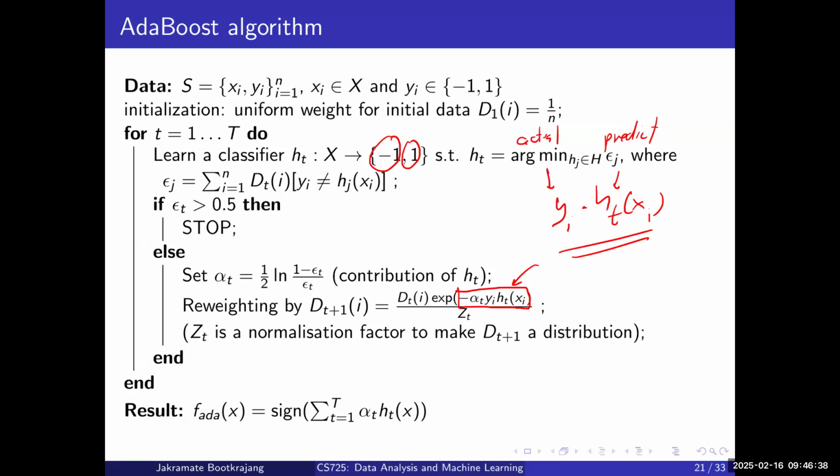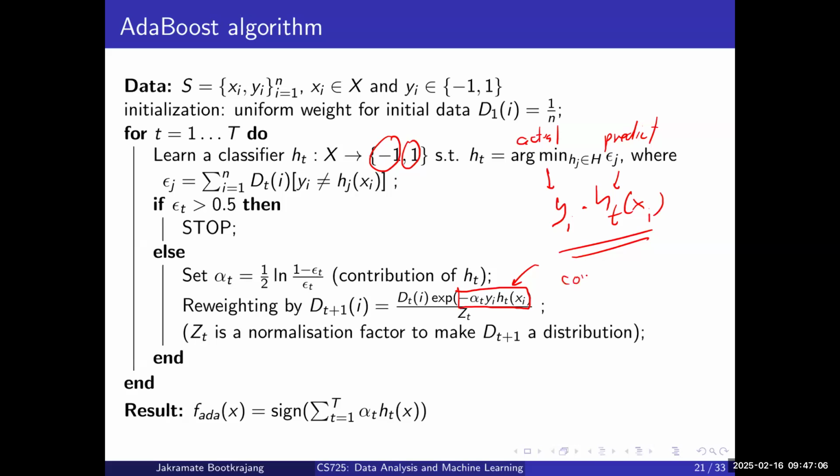So if h_t predicts correctly, what is the sign of the product? If h_t predicts correctly, the actual and the prediction would have the same sign. And when you multiply numbers of the same sign, you get a positive number.